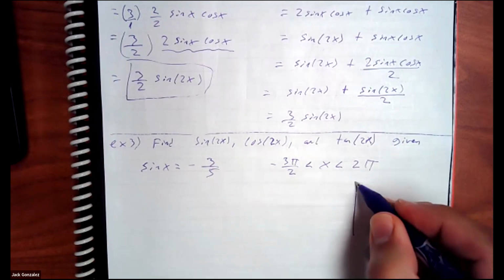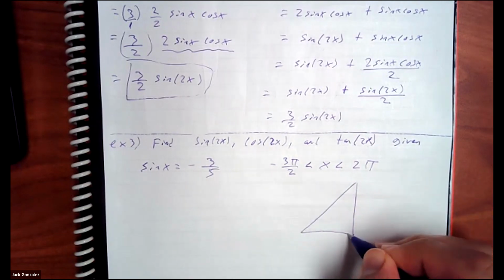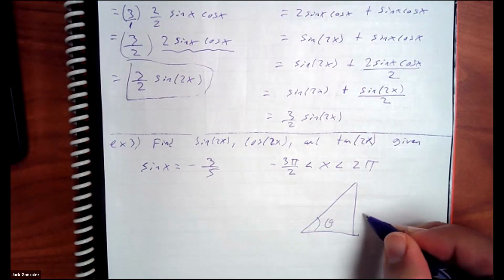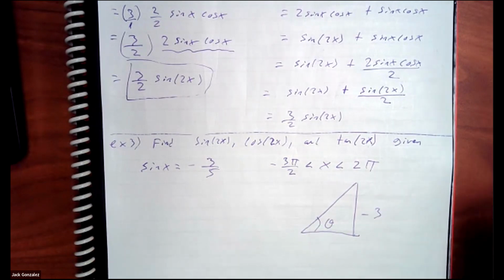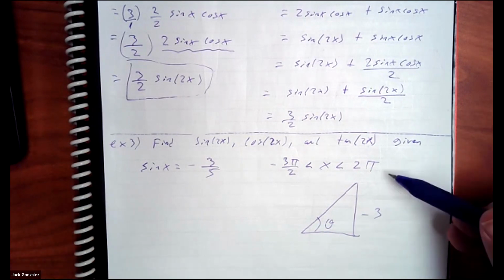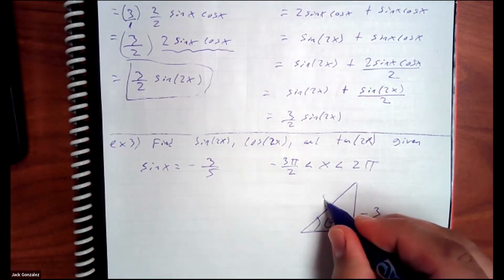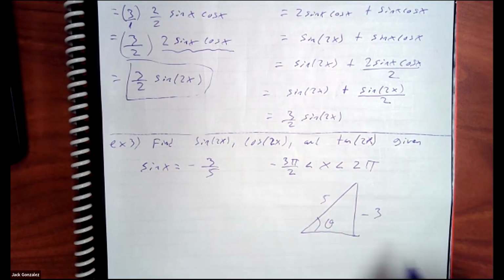Now, when you're solving for the x value, when you square root both sides, you're going to have plus or minus. You will choose the correct sign based on this quadrant. So a squared plus b squared equals c squared.